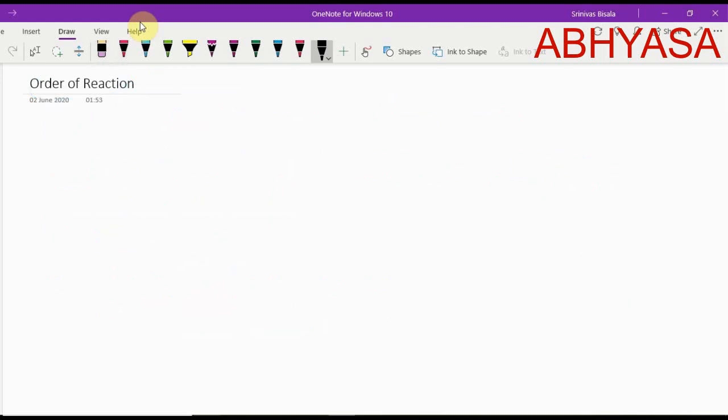Now let's understand this by discussing some examples of different orders. First one, let us start with zero order reactions. So what are these zero order reactions?